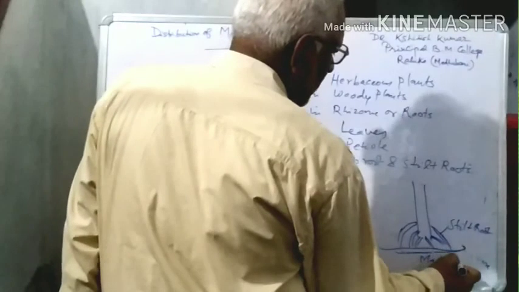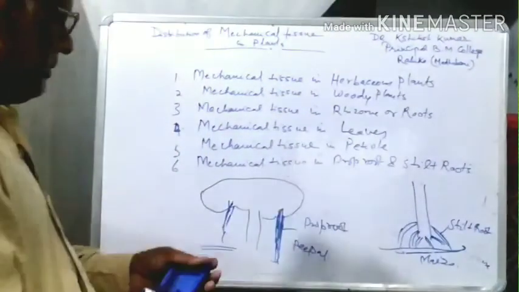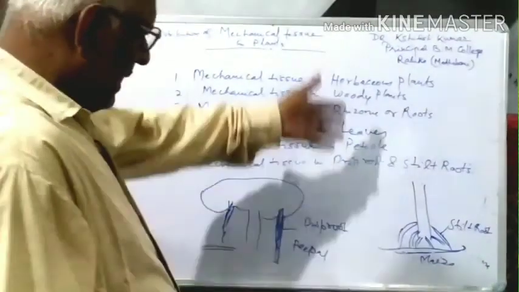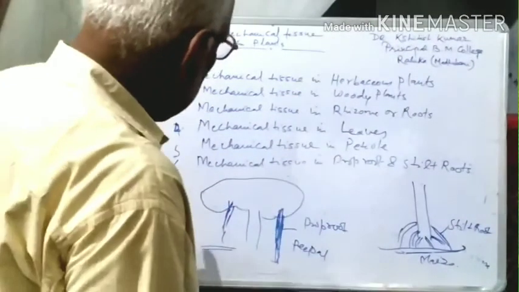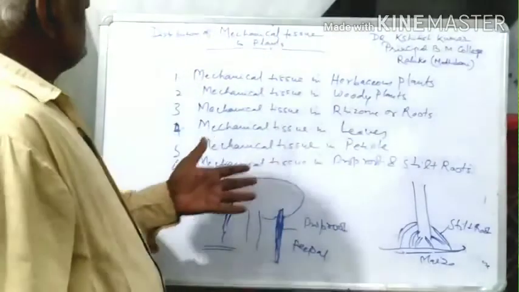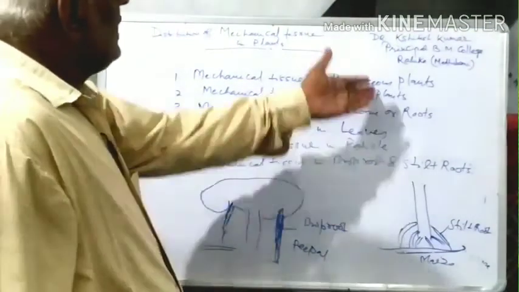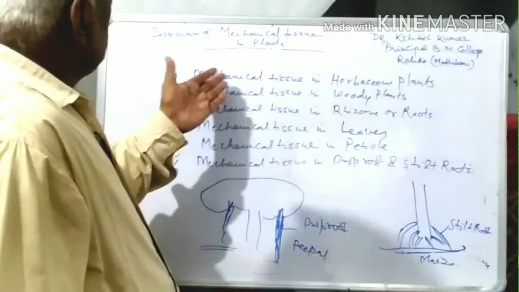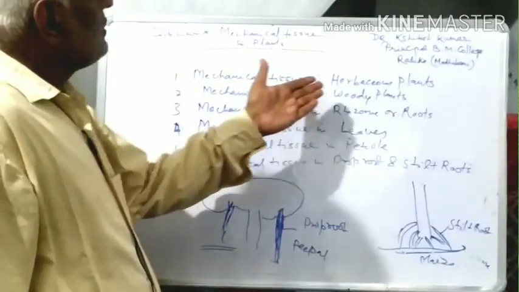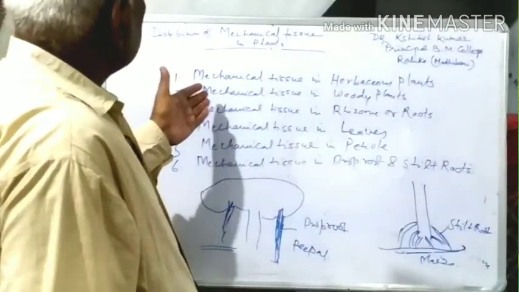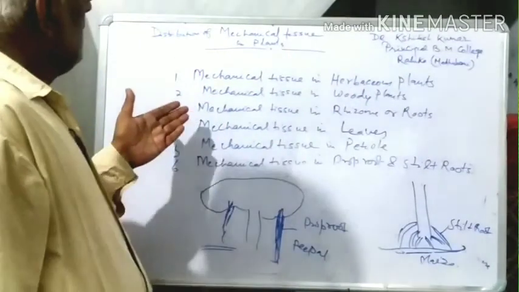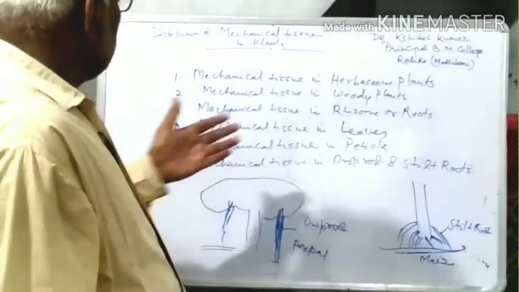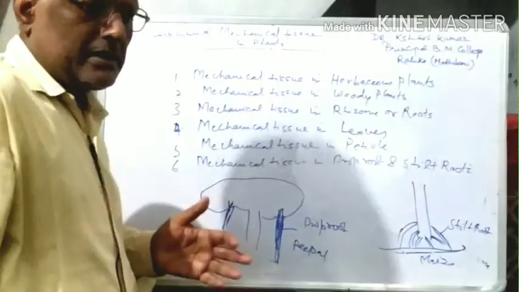So these are the different types of plant parts which we have to study inside these headings: mechanical tissue in herbaceous plants, mechanical tissue in woody plants, mechanical tissue in rhizome and roots, mechanical tissue in leaves, mechanical tissue in petiole, and mechanical tissue in prop root and stilt root.